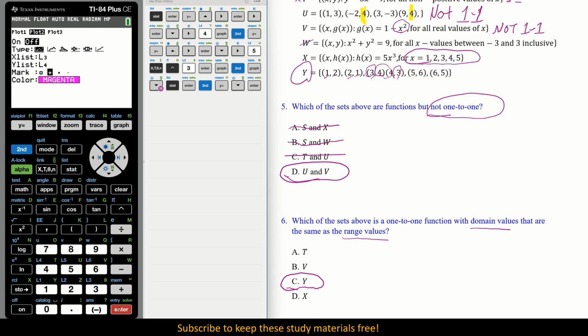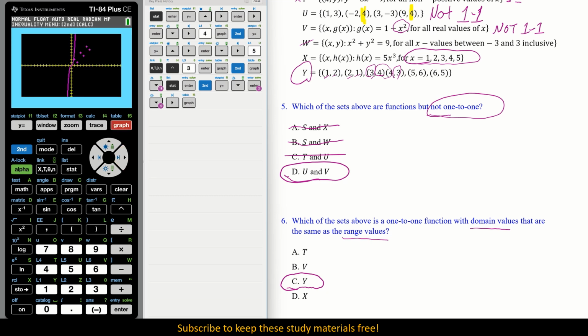And as you see, I need to turn it on. See, now it's flashing with on highlighted. And I turned on the dot plot, and I said, okay, I want it in L3, I want it in L4, and I have little plus symbols to show in my graph. Okay, so let's take a look at this. There's my graph.